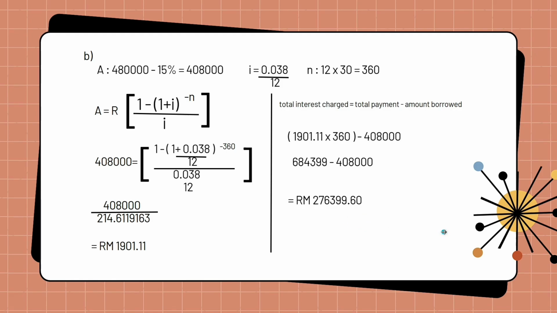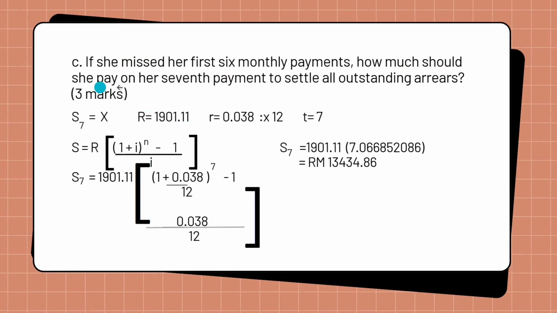Question C. If she makes her first 6 monthly payments, how much should she pay on her seventh payment to settle outstanding arrears? Here is the information. S7 equals x, R equals 1,901.11, interest rate 0.038 over 12, and the time is 7. For this question, we need to use the future value formula.